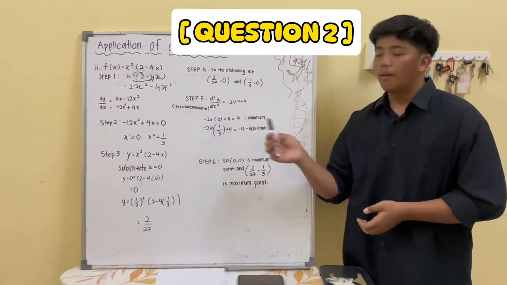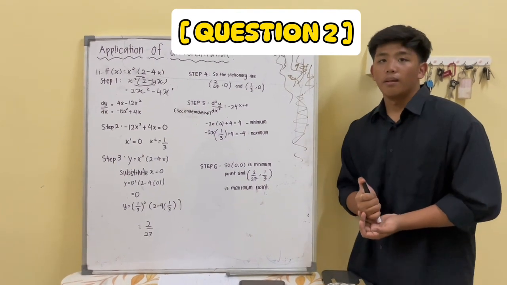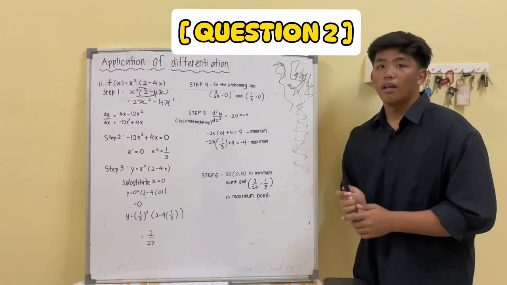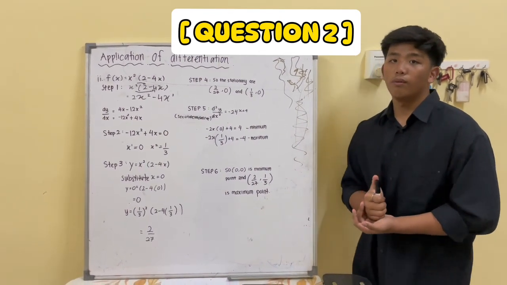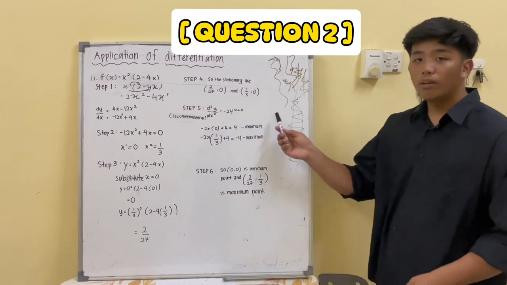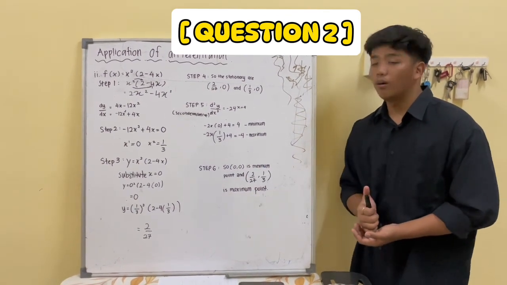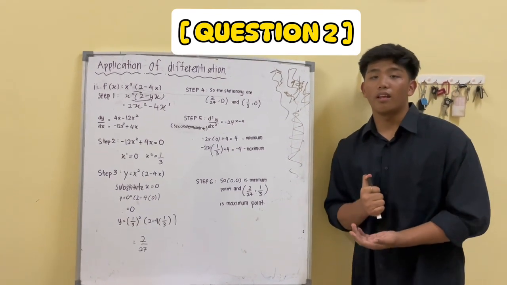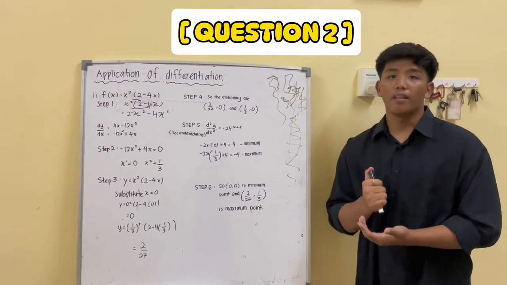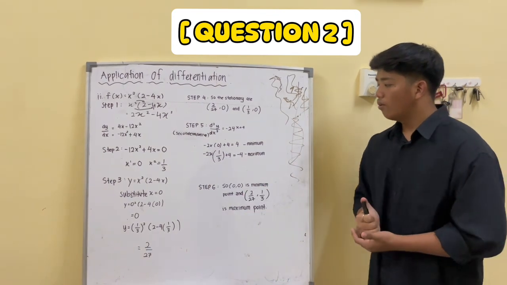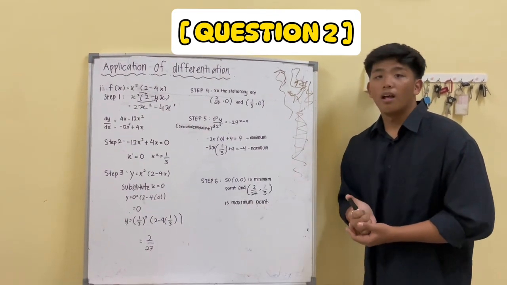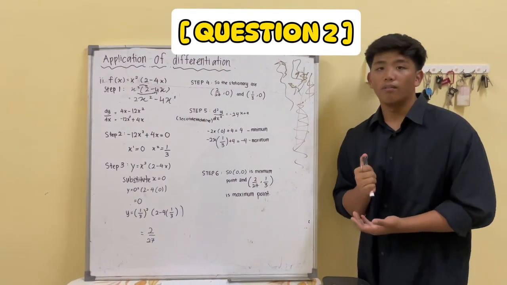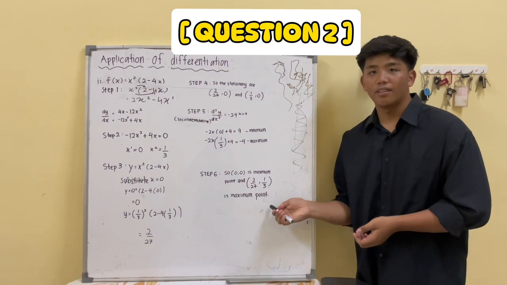And then minus 24 multiply 1 over 3 plus 4 equals minus 4. In value we get maximum. So we go to step 6, the last step. We have to find the coordinates (x, y) of the minimum point and maximum point. So (0, 0) is the minimum point and (1/3, 2/27) is the maximum point.